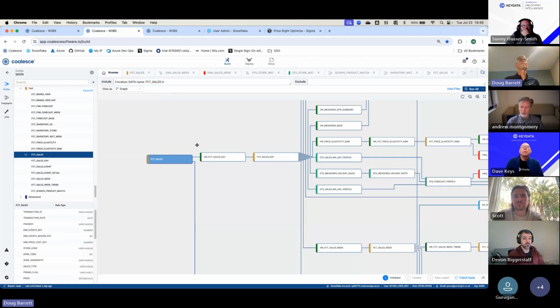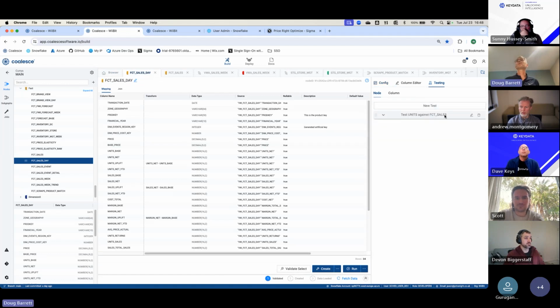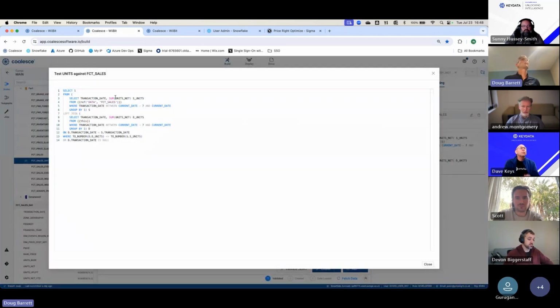And then as they move along the pipeline to the daily summary, looks like they do something similar here, where they're looking at a sum of the quantity or the units sold, units net by day, and they're just making sure that that reconciles back to the detailed fact table that we just reconciled to the source.